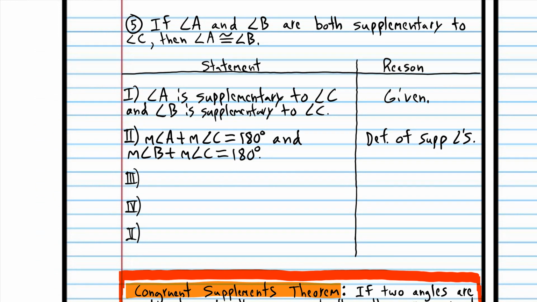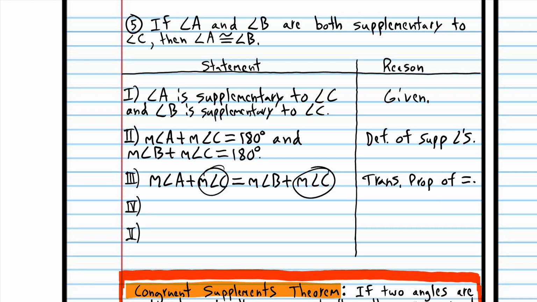Now you can see what's going to happen here because we have two things that are both equal to 180, they must be equal to themselves. So measure of angle A plus measure of angle C is equal to measure of angle B plus measure of angle C. Transitive property of equality. Now you can see what's going to happen here. We have C's on both sides. So we're going to subtract out these C's.